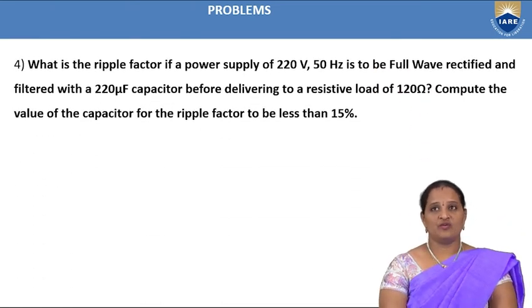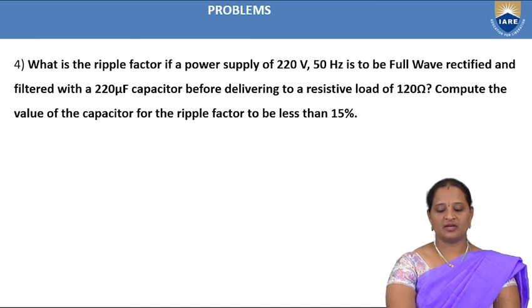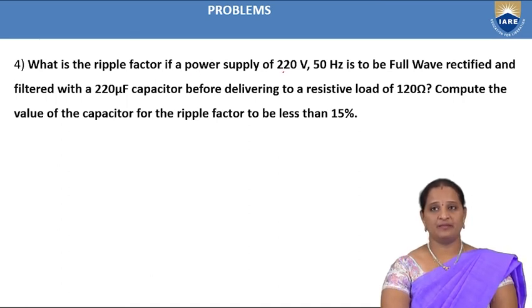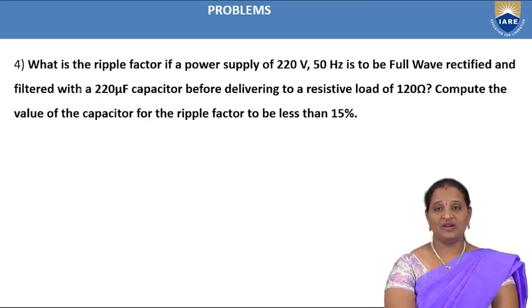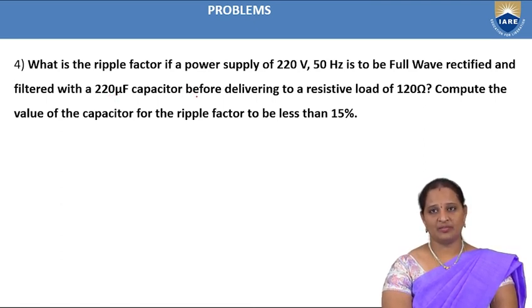Next, fourth one: what is the ripple factor if a power supply of 220 volts 50 hertz is full wave rectified and filtered with a 220 microfarad capacitor before delivering to a resistive load?